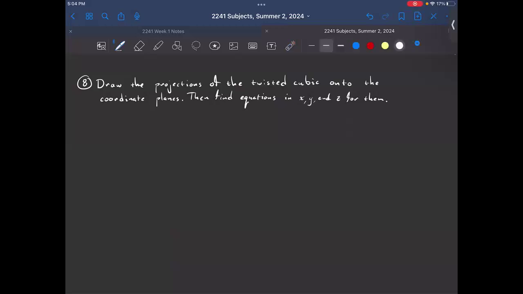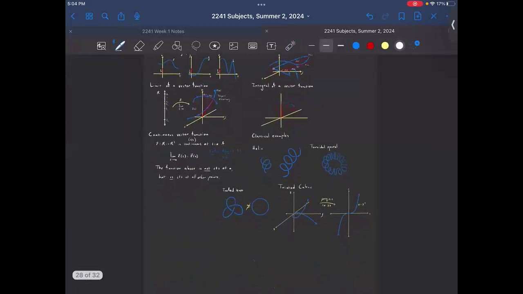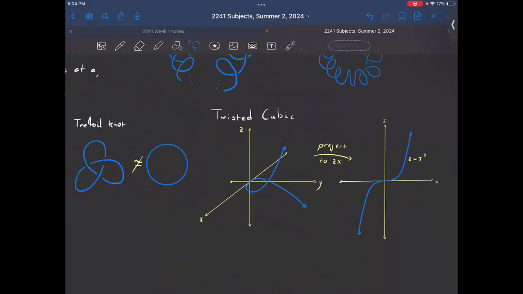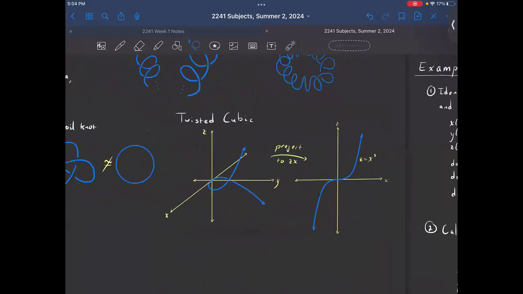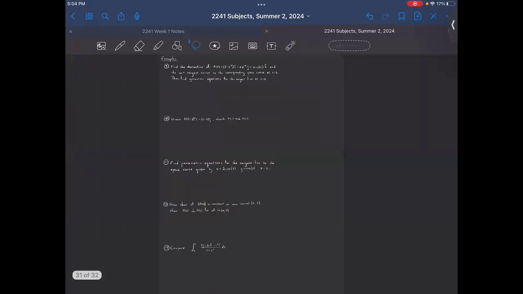Okay, so the twisted cubic is actually, I'm just going to go ahead and copy it so I don't have to redraw things. Remember, it is this shape right here. And I've already kind of given you one of the projections. Copy, move over here.